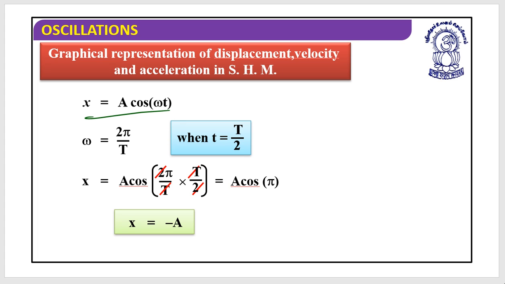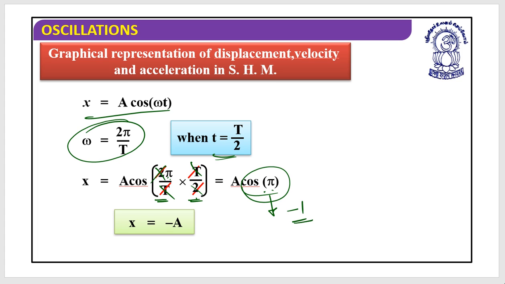Next, x equals a cos omega t, with omega equal to 2 pi by T, at t equals T by 2, this equals a cos of 2 pi by T into T by 2. The T cancels out, this is 2 pi by 2, and this is cos pi. Cos pi is minus 1, minus 1 into a, so x equals minus a.